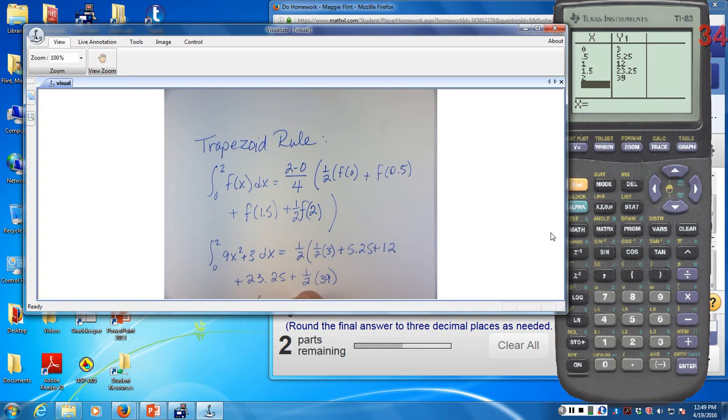So it's 1.5 plus 5.25 plus 12 plus 23.25 plus 19.5.